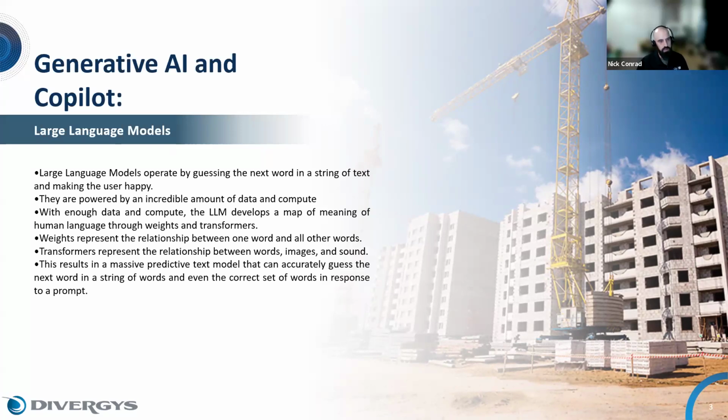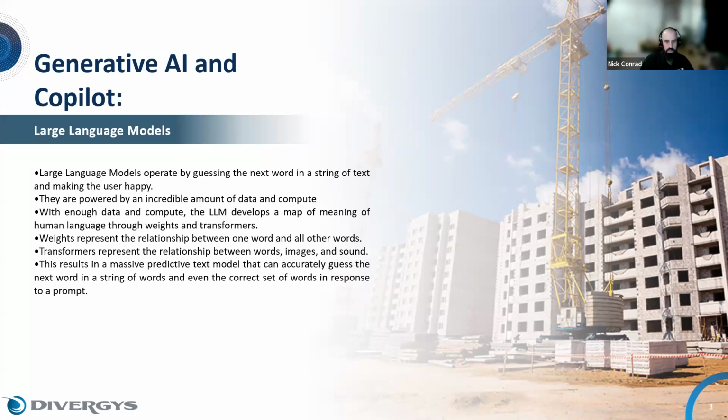The weights represent the relationship between words and how they determine those between one another, and the transformers represent the relationship between words, images, and sounds. That's more on the image side of it, and you can actually create images within it.